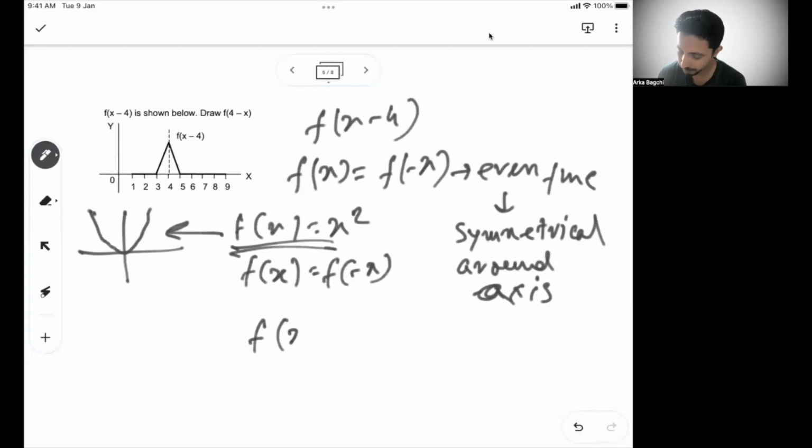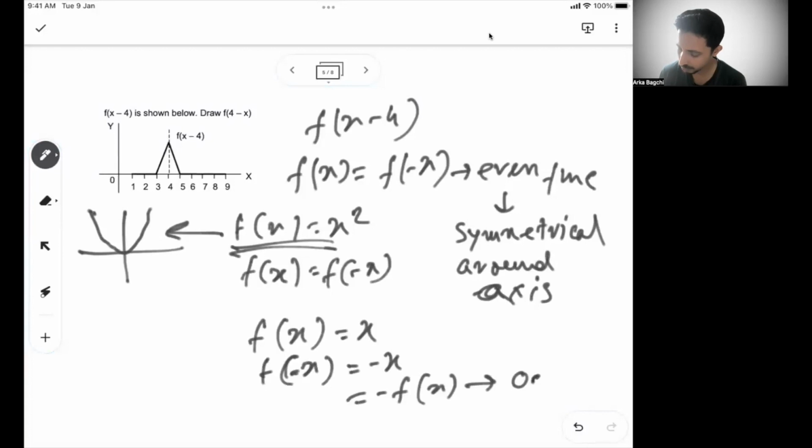But if we say f of x is equal to x, then f of minus x will be minus x, or minus of f of x. So this is called an odd function. Now this is an odd function, and what will the graph look like? The graph looks like this.